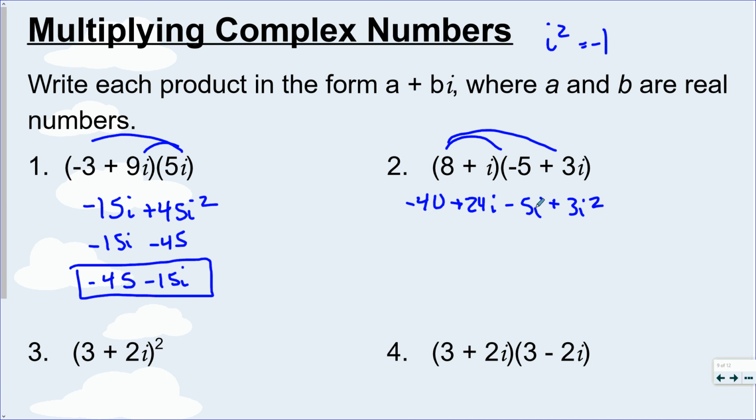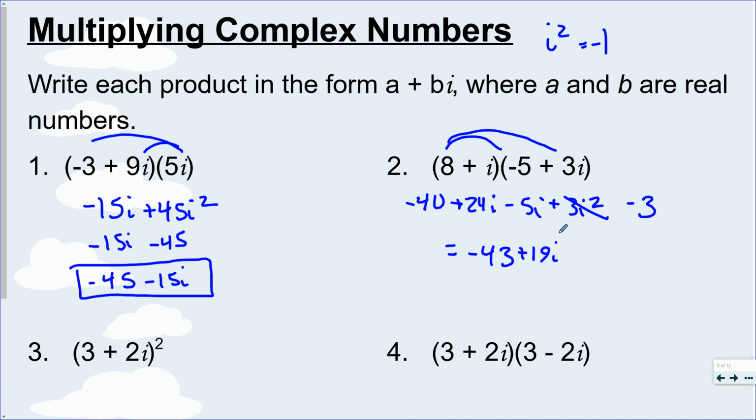Now here's the thing, we're going to combine like terms, but before we do, this is going to become a minus 3 because the i squared causes a sign change. So now we get negative 43 plus 19i, where the 43 might not have been immediately evident that that was going to happen, but it certainly does.